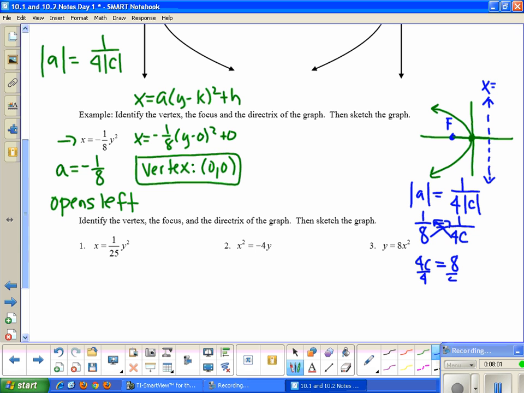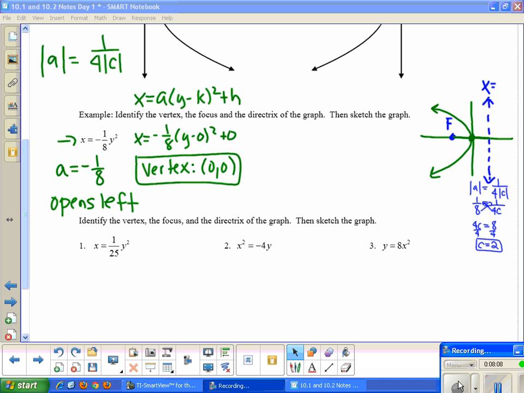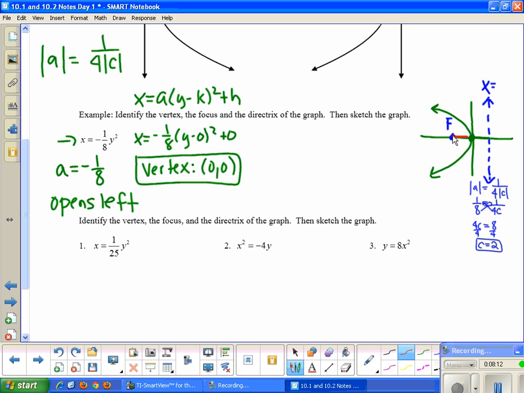Divide both sides by 4, and notice I get a c value of 2. So now that I know my c value, that helps me figure out my focus and directrix. So I know the distance from here to here is 2, and the distance from here to here is 2. And if my vertex is at the origin, then that means that my directrix is x equals 2, and my focus would be at -2, 0, because it's on the same plane as our vertex.